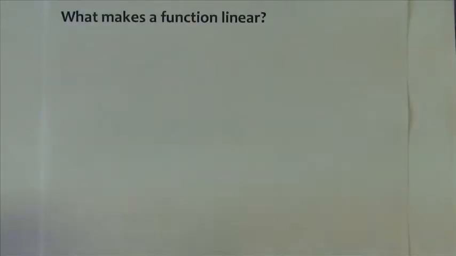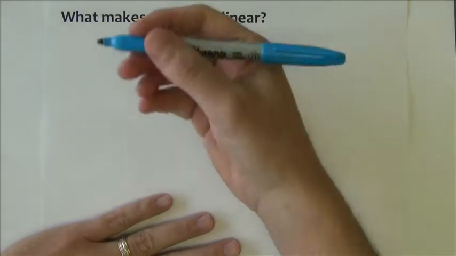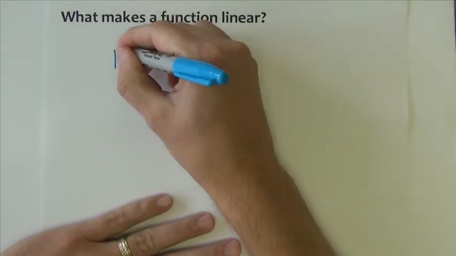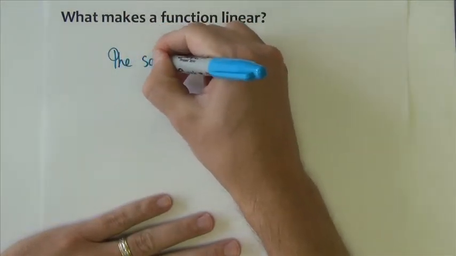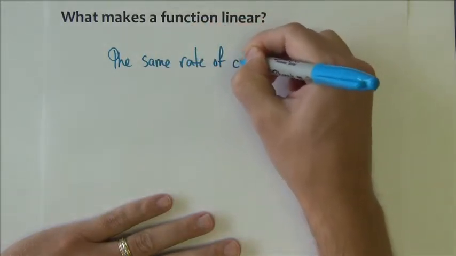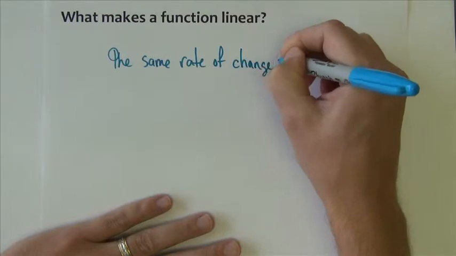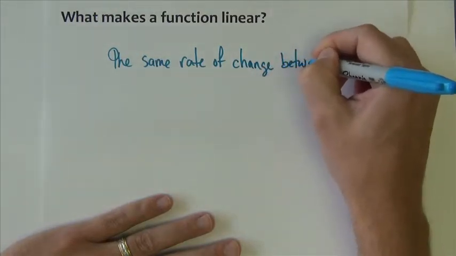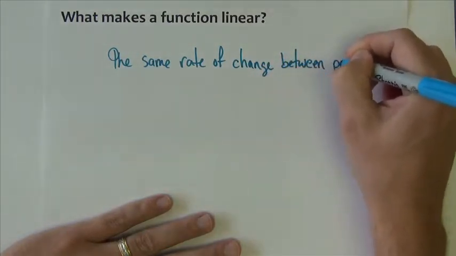So what makes a function linear? I would describe it as having the same rate of change between points.